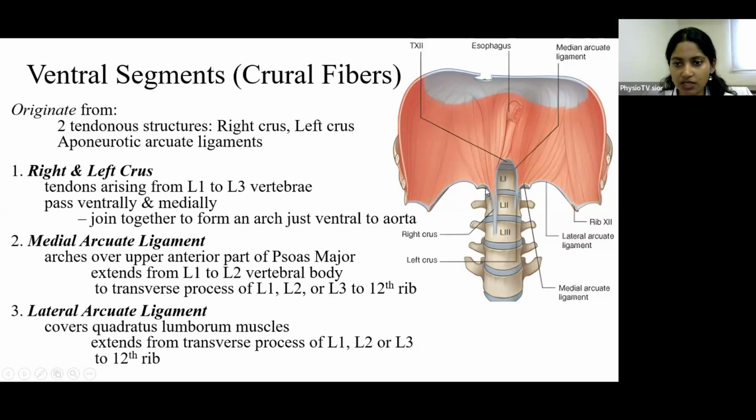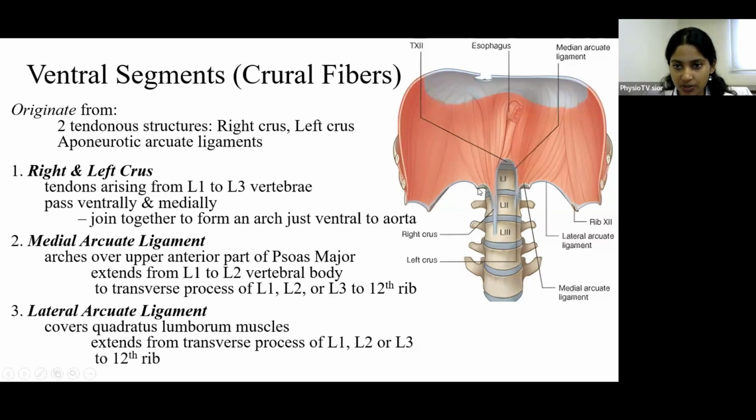So this area is from where the psoas major muscle runs out. It extends from the L1 or L2 vertebra, and it inserts into the transverse process of either L1, L2 or L3 or into the 12th rib. So that is the medial arcuate ligament.